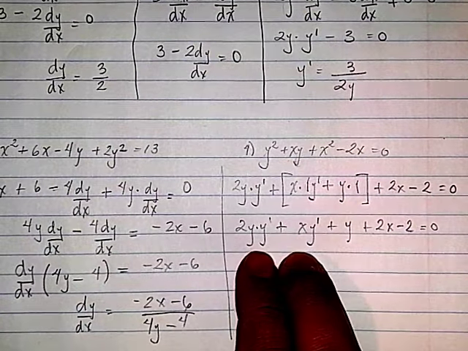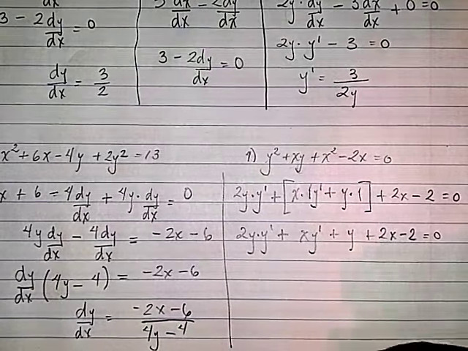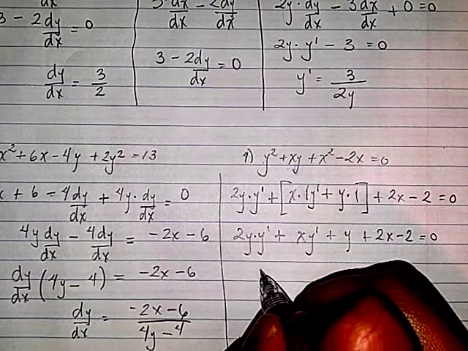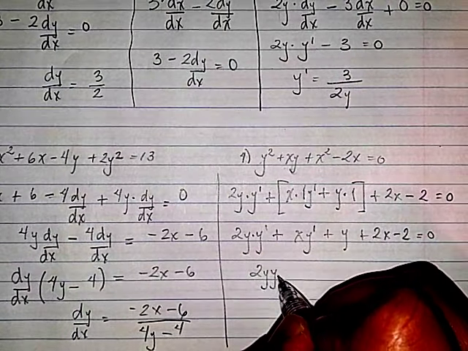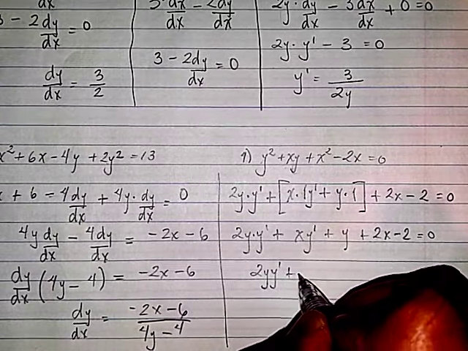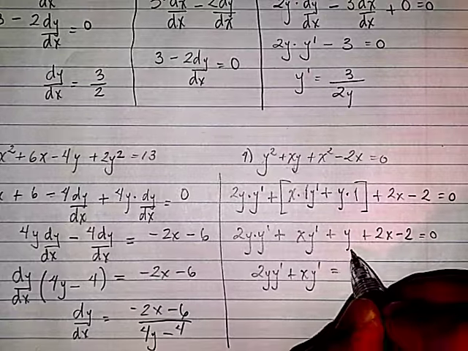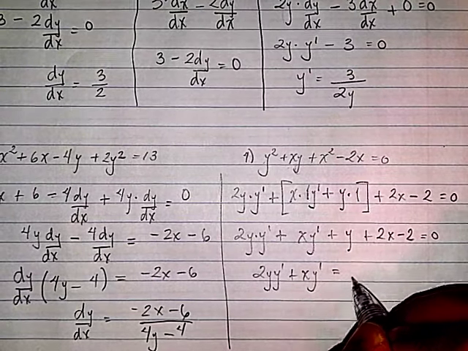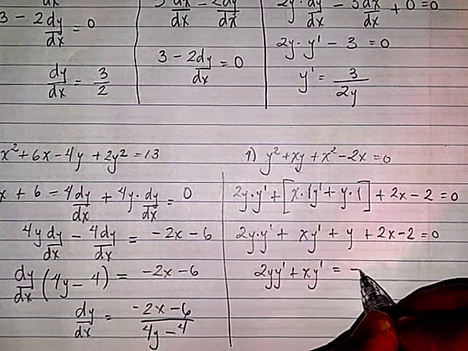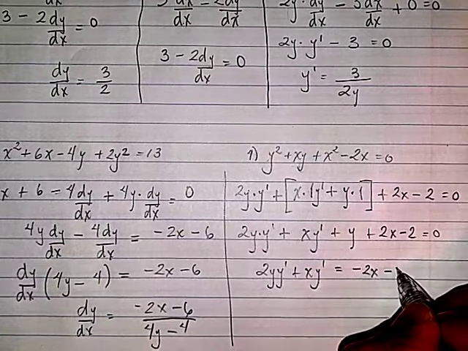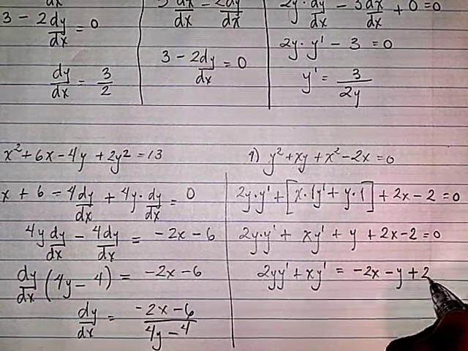These guys, I'm going to keep them on the left, everything else on the right. So I'm going to have 2y times y prime plus xy prime is equal to, take this guy over, negative 2x, negative y plus 2.